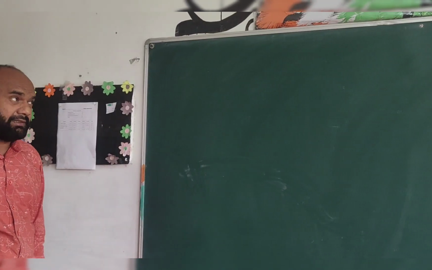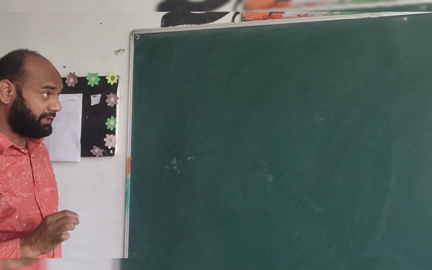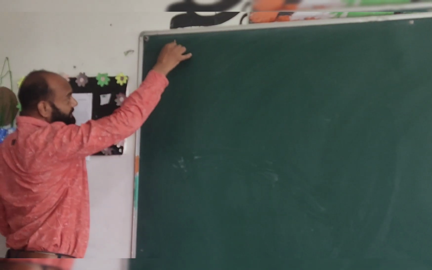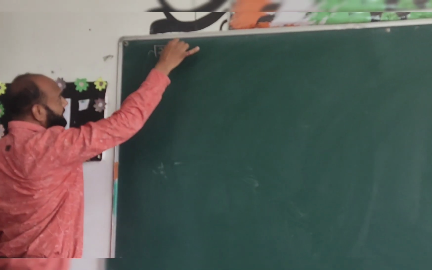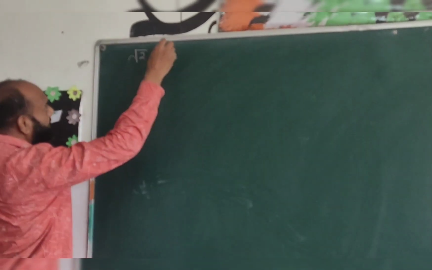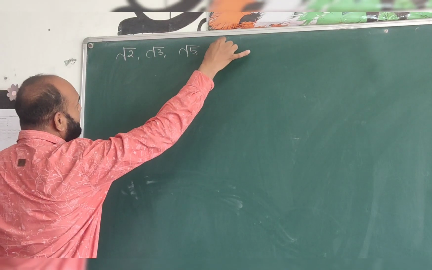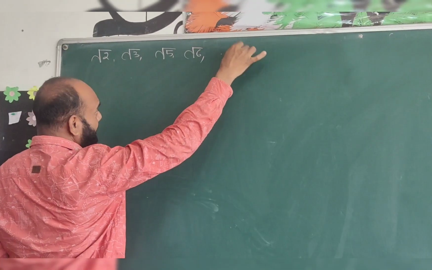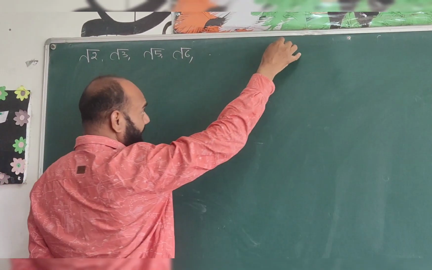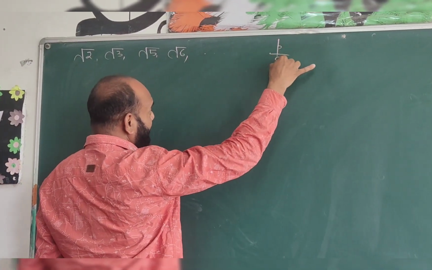In this chapter, this point is to be noted. When any question is of the type root 3, root 5, root 6, anyone, then it can be solved by the P upon Q method.